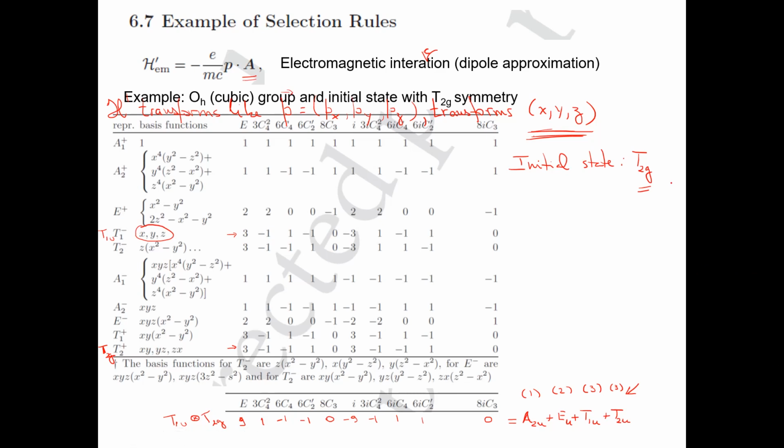The conclusion is that when you have an initial state of a certain Hamiltonian in a cubic group, in the Oh group, and the initial state has a certain symmetry, in this case a T2g symmetry, an even state under inversion, it will only be able to make optical transitions in the dipole approximation to states that transform like A2u, Eu, T1u, with these specific symmetries.